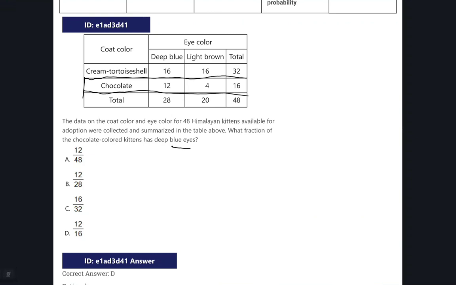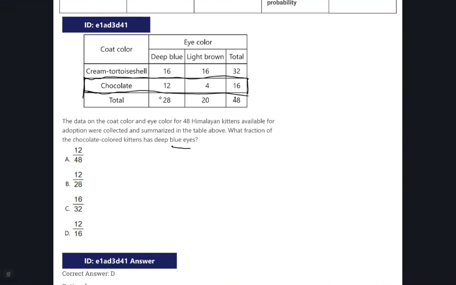Because he needs to know what fraction the chocolate deep blue kittens represent of the total number of all chocolate colored kittens. So those who have deep blue eyes, what fraction do they make up of the total number of chocolate kittens? Okay, so we need that row.